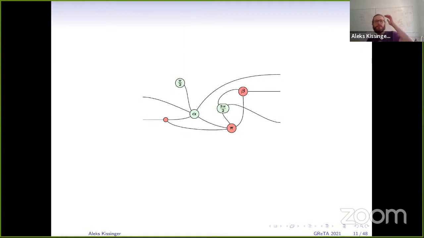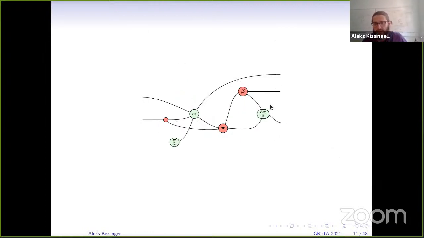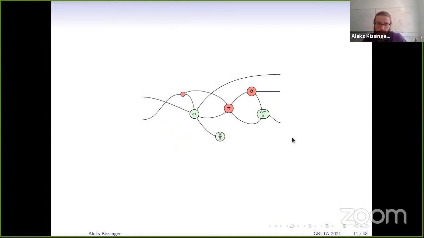Okay, and the useful thing about ZX diagrams, which circuits don't have, is that they're very flexible. They're so flexible, in fact, that I can just think of this thing effectively as just an undirected graph. So this corresponds to a certain linear map, but then if I deform this thing, say like this, then this corresponds to the same linear map, and this would correspond to the same linear map again.